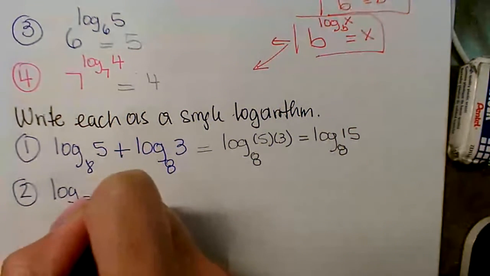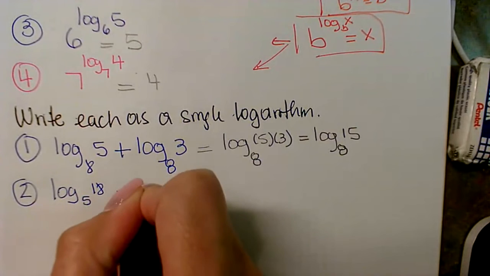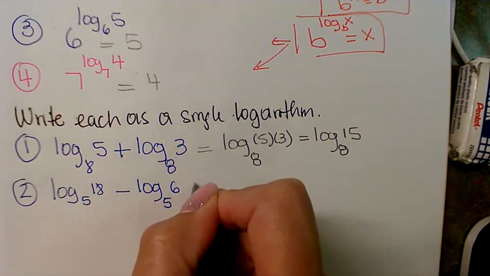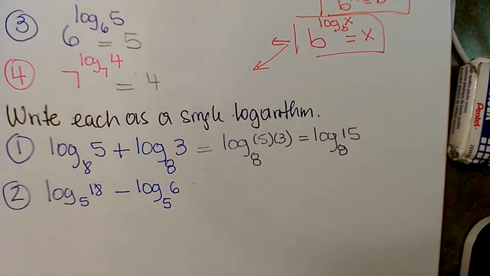Log base 5 of 18 minus log base 5 of 6. So we said that subtraction is division, right? It's quotient.